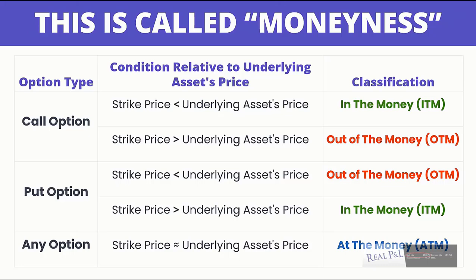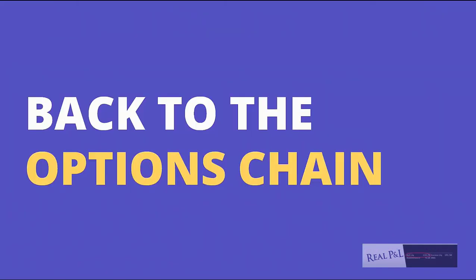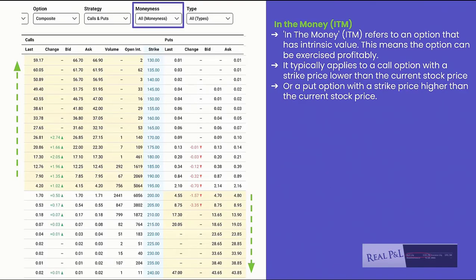Now, also, for any option, it doesn't matter whether it's a call or a put, if the strike price is relatively equal to the underlying asset price, it's called at the money. So back to the options chain. In the money, ITM, refers to an option that has intrinsic value. This means the option can be exercised and there's money available.